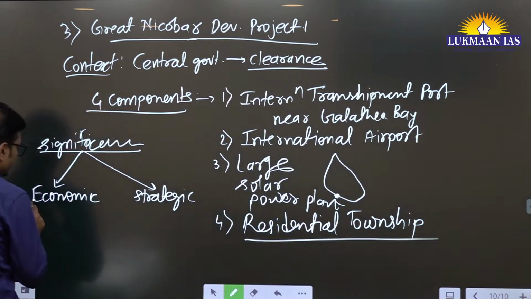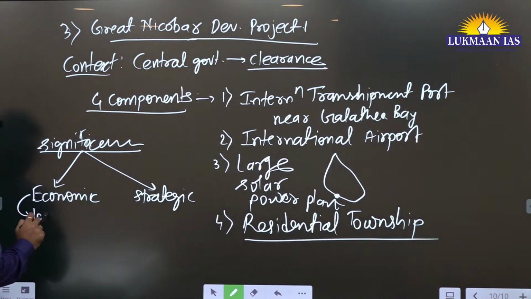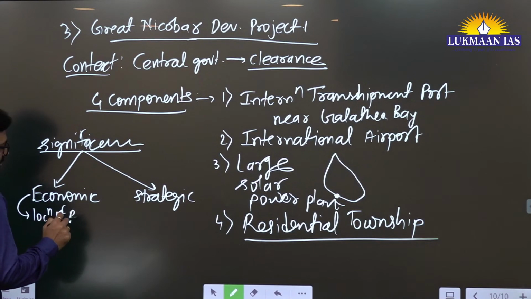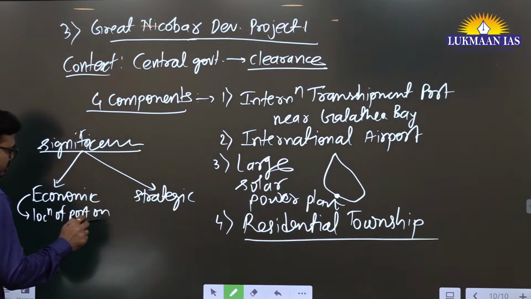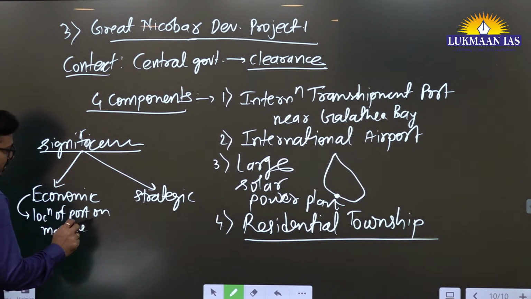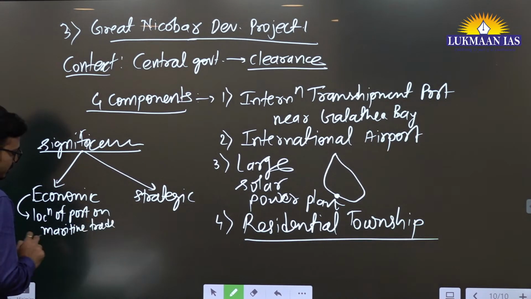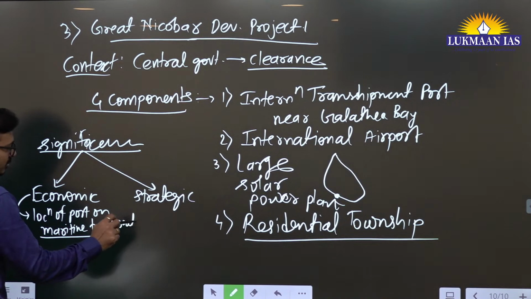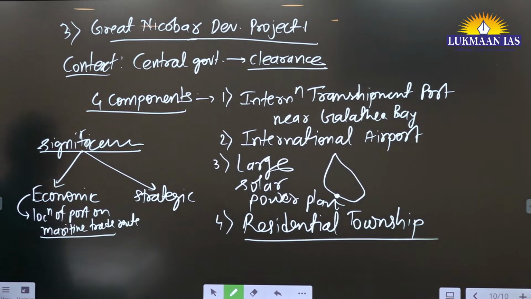You can talk about this port, location of port on maritime trade route in Indian Ocean, right? So that will help then for it, let's say, economic growth and development of local people.